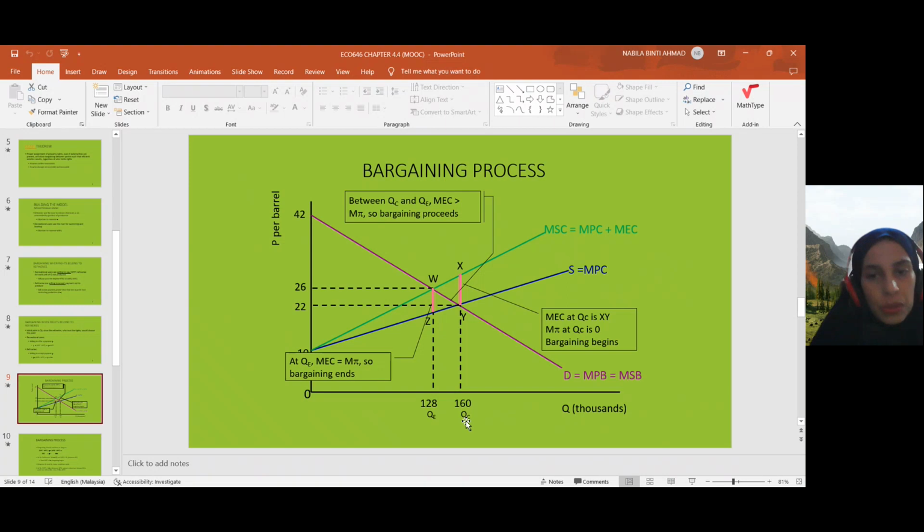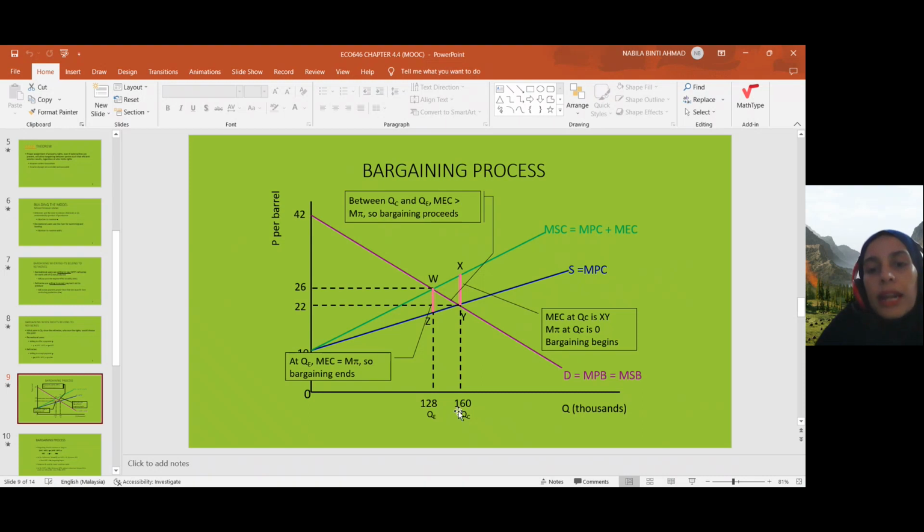Okay, let's say this is the quantity QC. The marginal external cost at QC is XY, right? And marginal profit at QC is 0. And bargaining will begin here. And at QE, marginal external cost will equal marginal profit. So bargaining will end here. Between QC and QE, marginal external cost is greater than marginal profit, so bargaining proceeds.